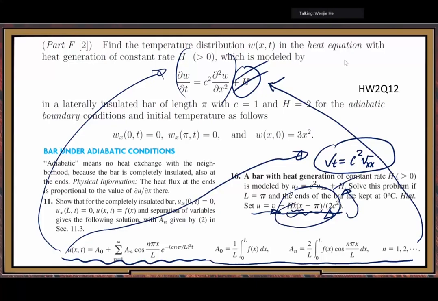After we learn the Fourier analysis, then we can go through the details of all these formulas. All right. So that's what I want to talk about for homework assignment number 2.